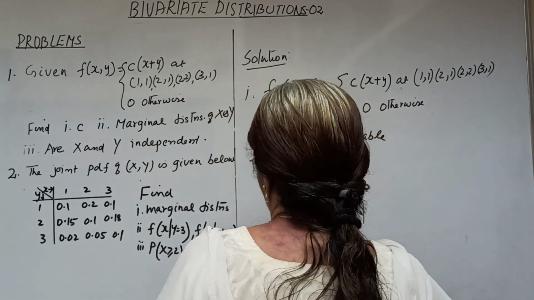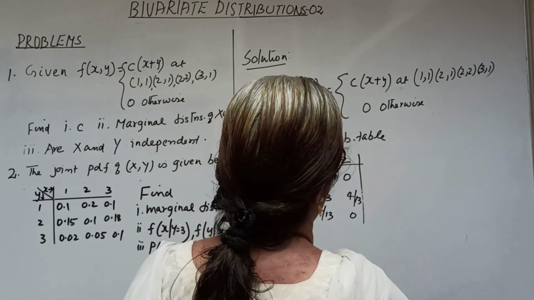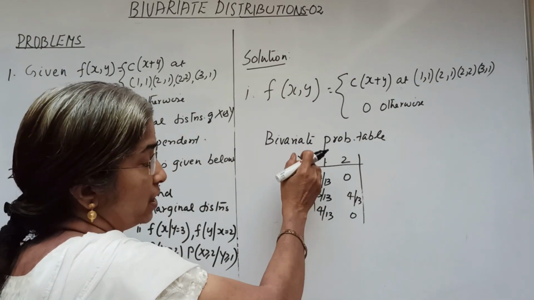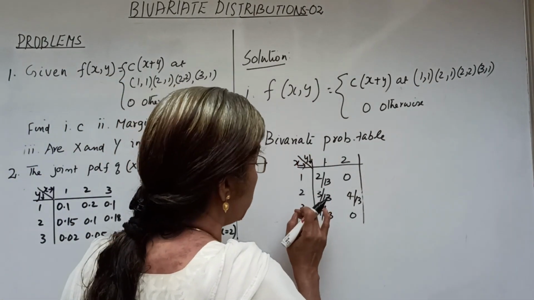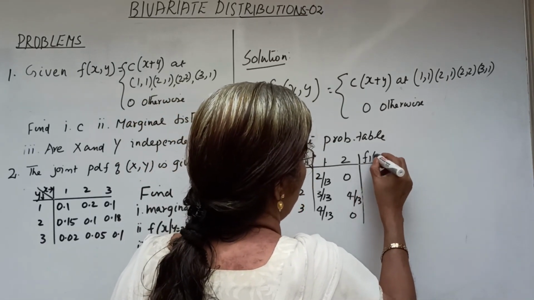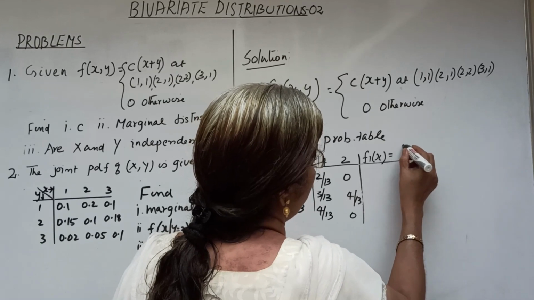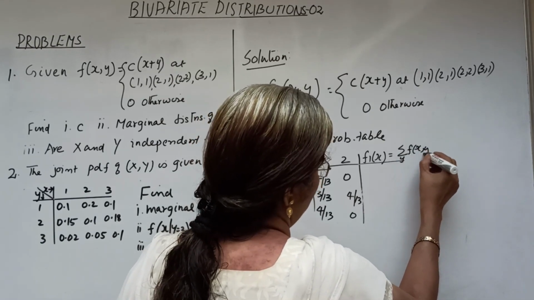Now firstly, we want to obtain the marginal distributions of x and y. Here the values of x are taken as rows, so the row total gives the values of f1x, and f1x is given by sigma over y f of xy.